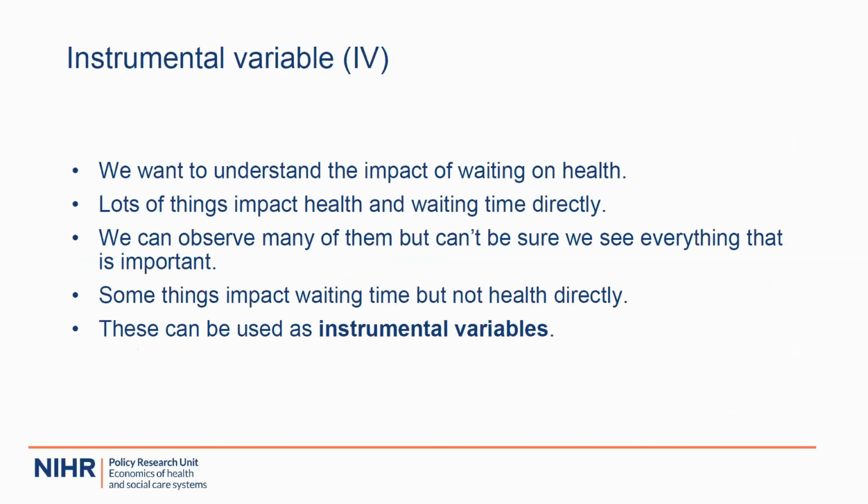All we had was that different people wait different amounts of time. Lots of the reason for that is because of their state of health, and we tried to account for as much of that as we could. But in the absence of a policy that would impact waiting time directly, we tried instead to use what's called an instrumental variable.